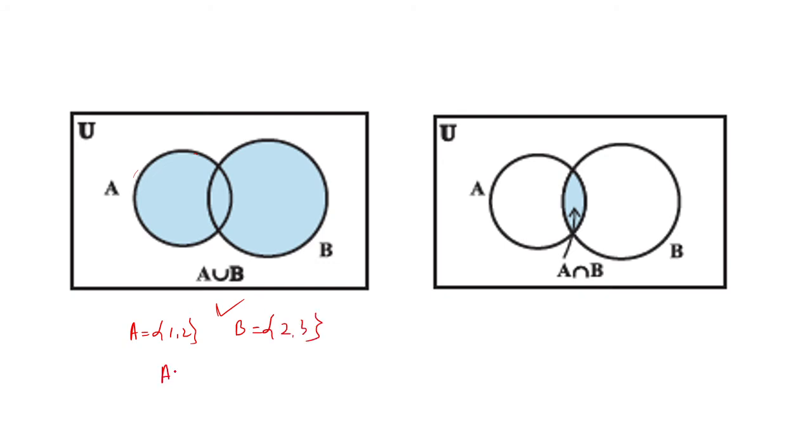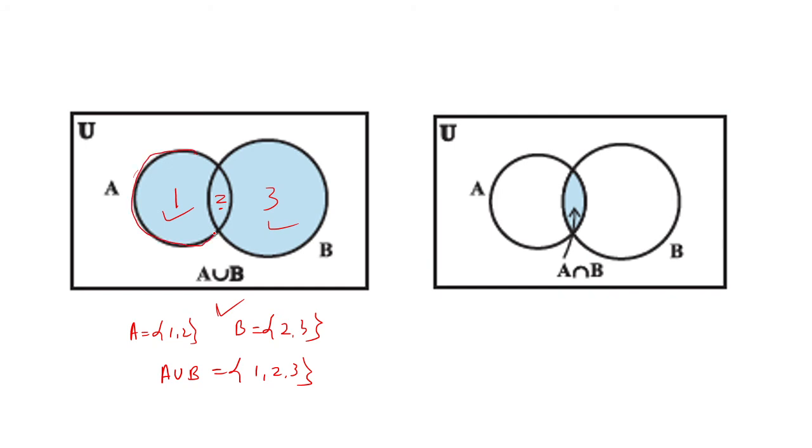If I ask you to write A union B, then you will write 1, 2, 3. So 1 will be present here, 2 will be here, 3 will be here. 2 is common in both, so you write 2 in the common portion, 1 here, 3 here. So you have to take everything from this marked area.